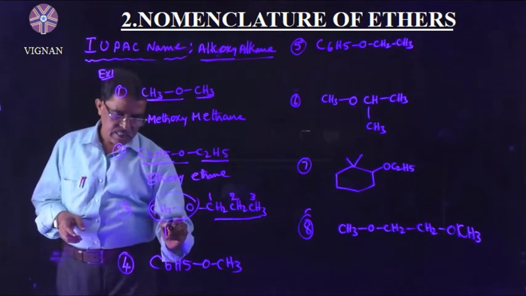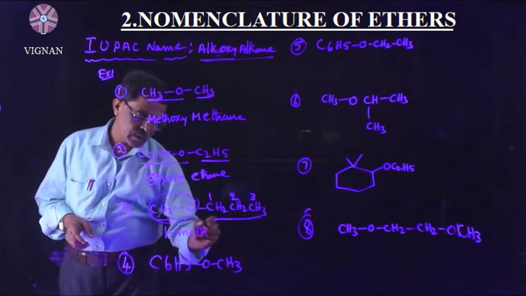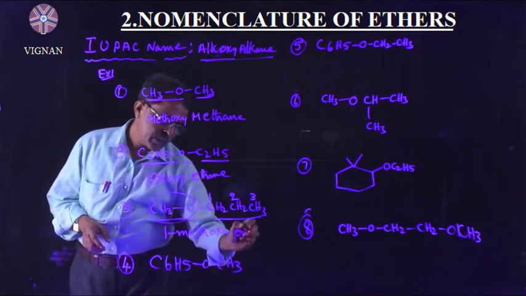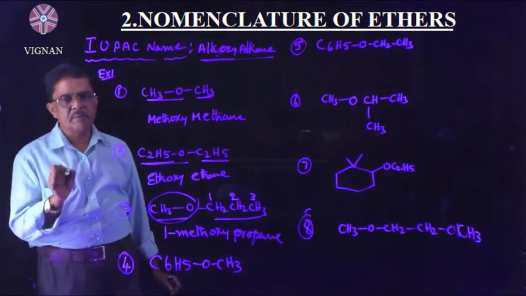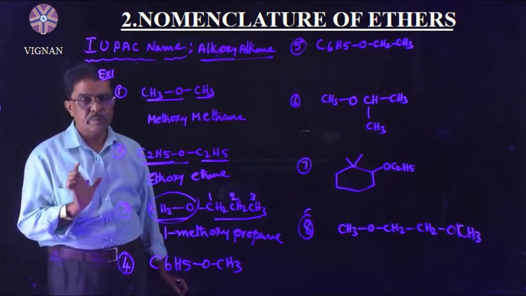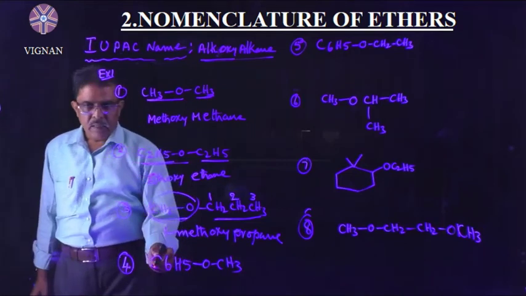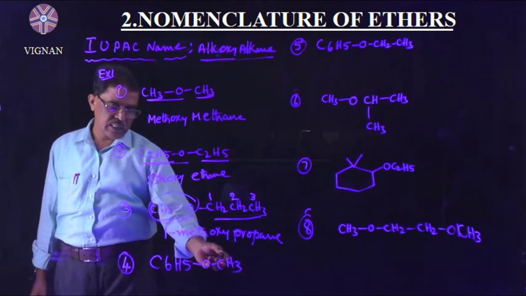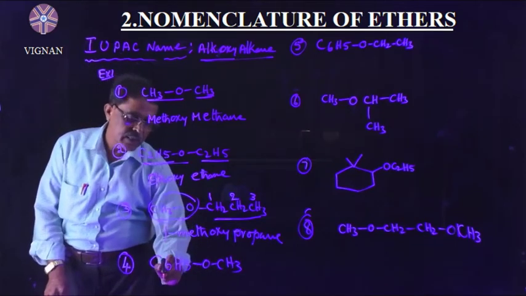So I can write 1-methoxypropane. Why propane? Because the longest hydrocarbon part consists of 3 carbon atoms, and single bonds are also there. Then the last compound, C6H5OCH3, is methoxybenzene. We can write it.